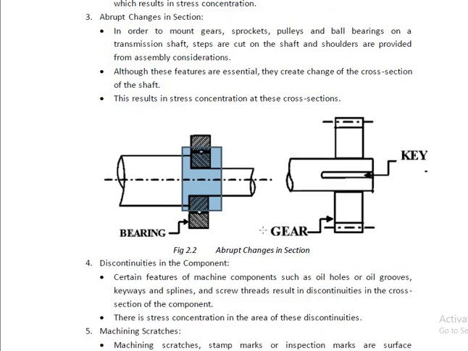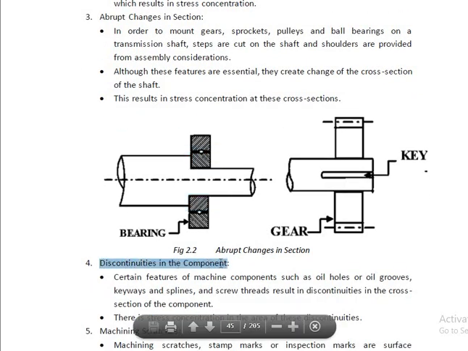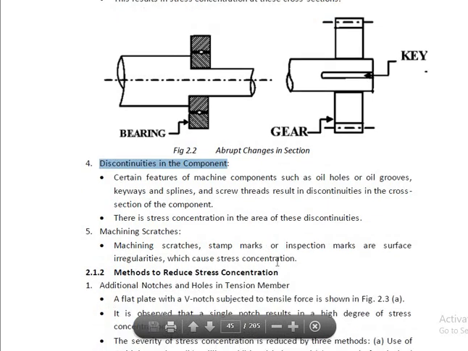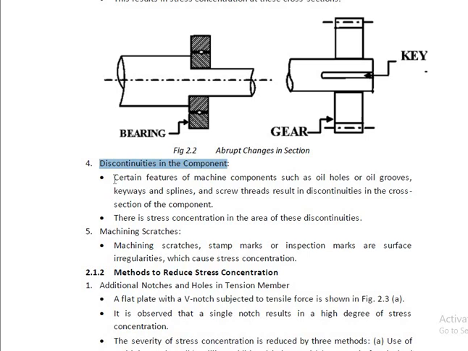Now the next cause is the discontinuities in the component. Certain features of machine components such as oil holes or oil grooves, keyways which are adapted for the keys, and splines and screw threads result in discontinuities in the cross section of the component.